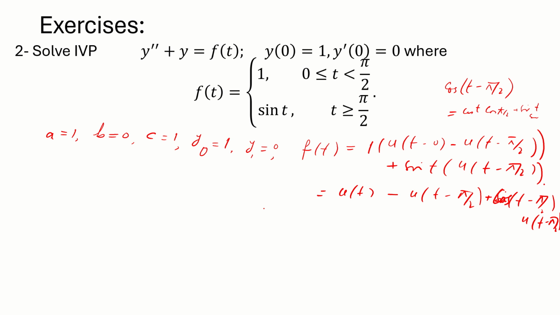So from here I would find simply f of s. The Laplace transform of u t is 1 over s. This is e power minus pi by 2s, and this is s divided by s square plus 1 e power minus pi by 2s, right?